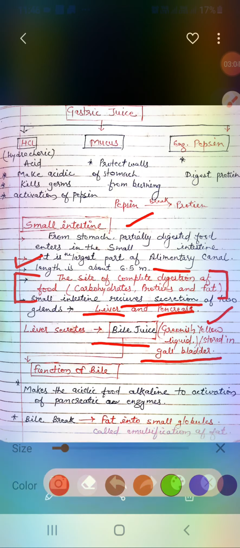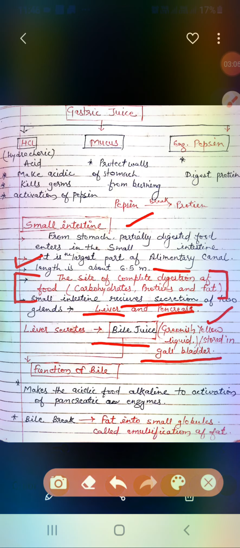Bile juice is alkaline in nature. Alkaline means basic, and we know that the food which comes from the stomach is acidic because HCl mixes in it. So bile makes the medium change from acidic to alkaline.